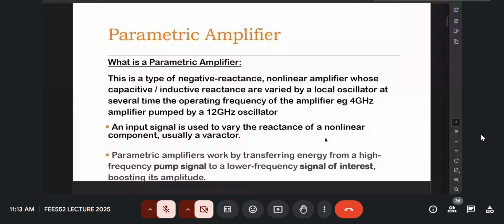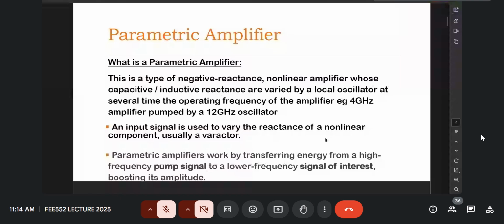So parametric amplifiers work by one main principle, which is transfer of energy from the high power pump signal to the low frequency signal, which is the signal of interest that we want to amplify its magnitude.